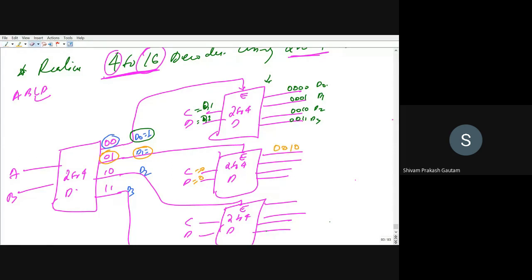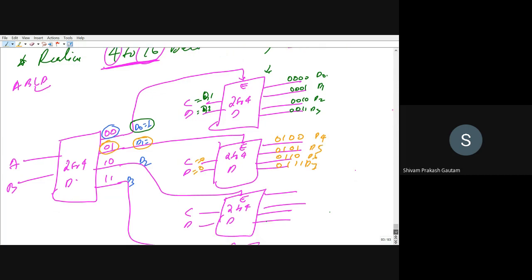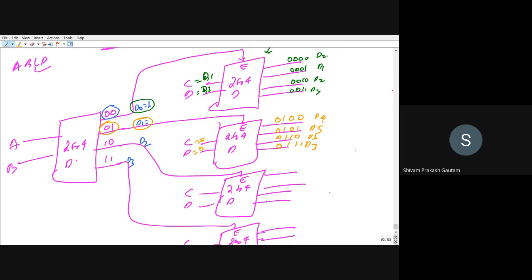Sorry, you will have 0, 1, 0, 0, 0, 1, 0, 1, 0, 1, 1, 0, 0, 1, 1, 1. So this will be D4, D5, D6, and D7. Similarly, for the rest of the cases, for A equal to 1, B equal to 0, you can make the possible combination. For A equal to 1, B equal to 1, you can make the possible combination.